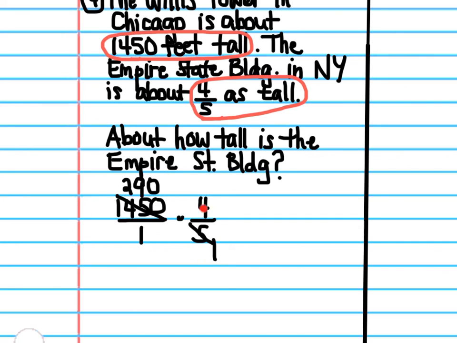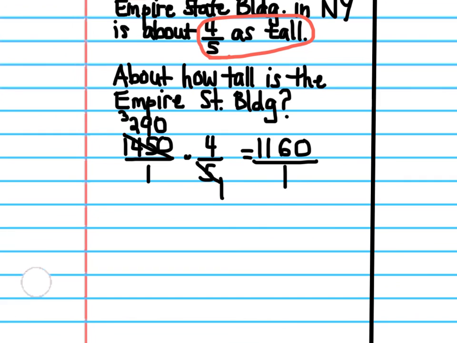Now we can multiply across: 290 times 4 is 1,160. The denominator is 1. Now we have to answer the question, so it's 1,160 feet. Then we box our answer. That's all for your notes. Thank you very much. Bye-bye.